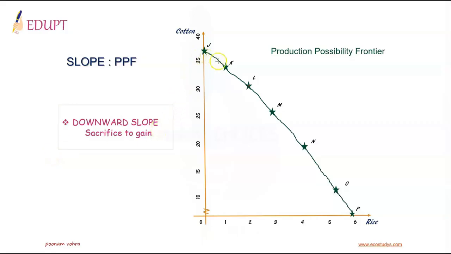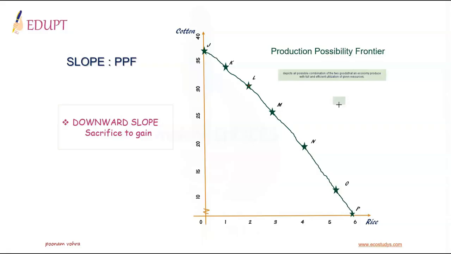that production possibility frontier is a downward sloping curve. Production possibility frontier depicts all possible combinations of the two goods that an economy produces with full and efficient utilization of given resources.